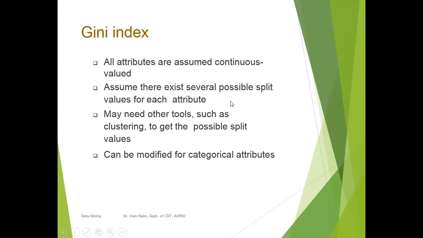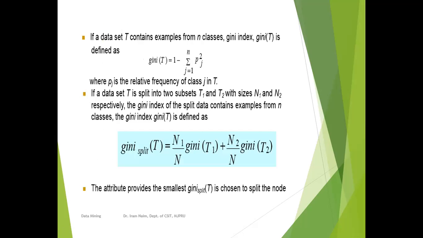Usually the Gini index is applied to attributes which contain many partitions or many different types of variability. It can also be used for categorical data as well.